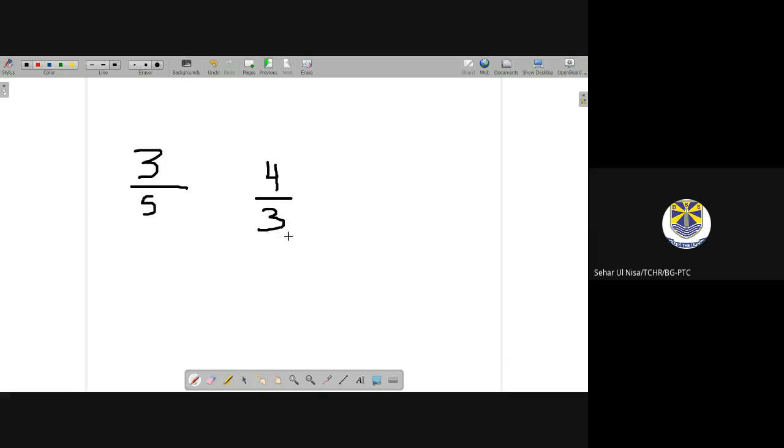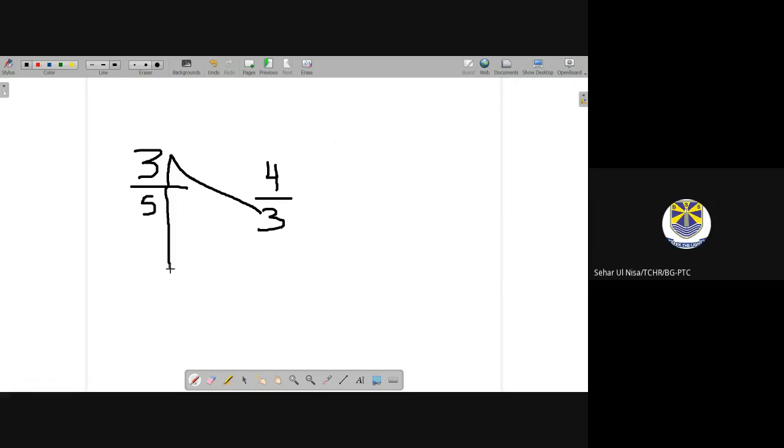Now you will multiply crosswise, like you will multiply 3 with 3, make a cross, and I am going to write the answer below. 3 multiplied by 3 will give you 9.